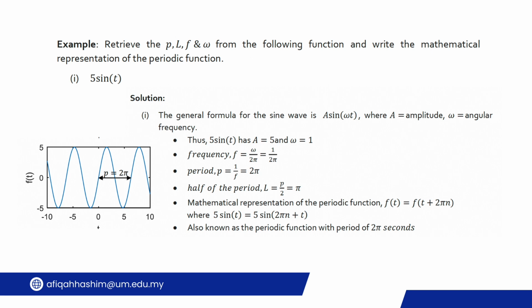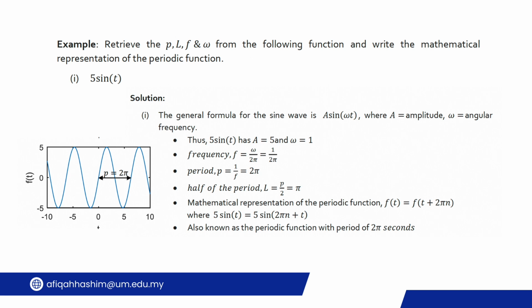The general formula for the sine wave is A sine wt, where A is the amplitude, so the amplitude is 5, and W, the angular frequency, is equal to 1. So 5 sine t has A equal to 5 and W equal to 1.